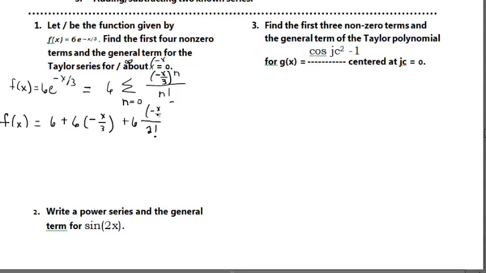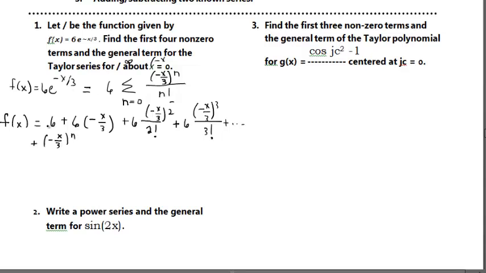That'd be negative x divided by 3 squared. How many terms? I need the first 4, so I've got 3. Plus dot, dot, dot, plus this one right here. I guess I need to wrap it around.